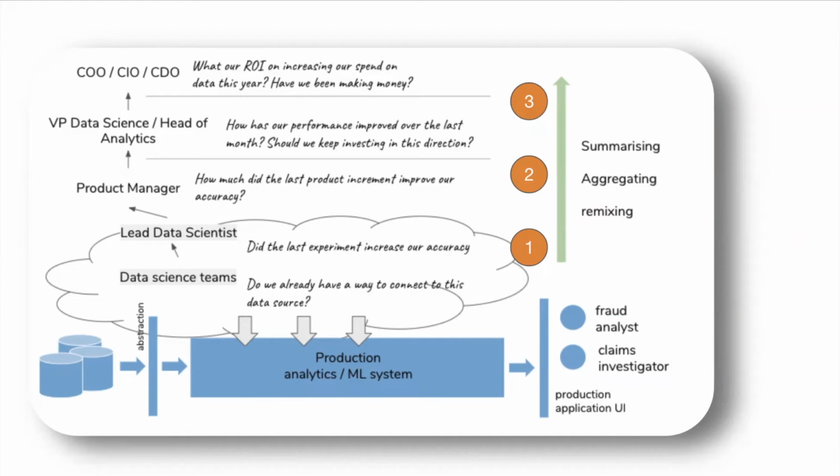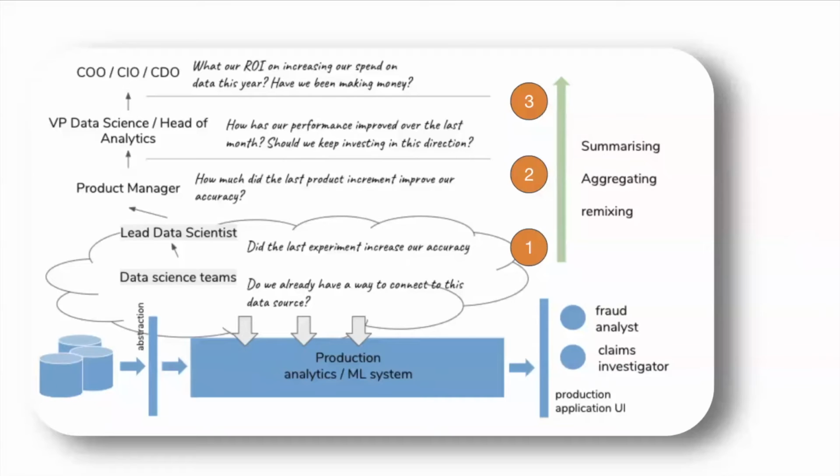And should we continue investing in data sets that are potentially quite expensive? How do those compare to the return on investment that we're making here? That's the process of internal collaboration inside of the data science team.